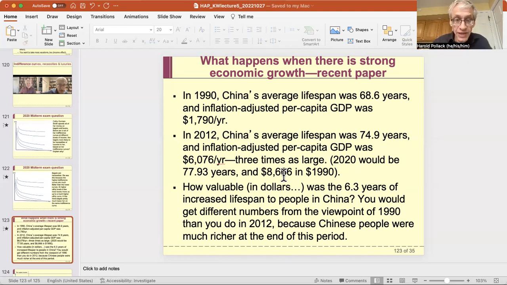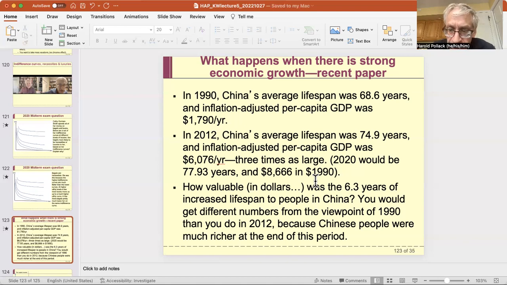If you say, are there some major issues with the rise of China as a superpower in the world? Yes, there are. But boy, it's hard to think of too many other things where hundreds of millions and billions of human beings benefited so profoundly. But we might ask, how valuable in dollars was that increase in lifespan to people living in China?